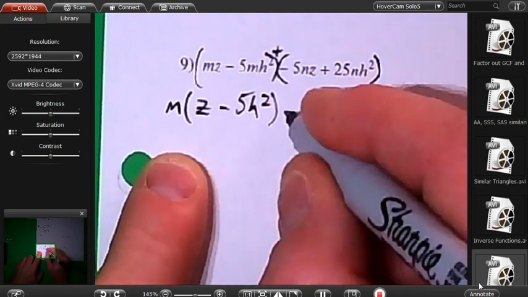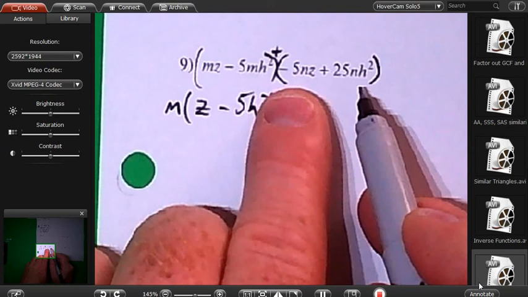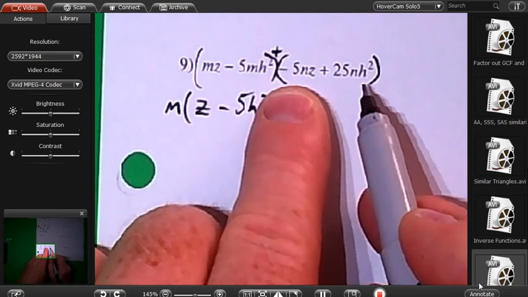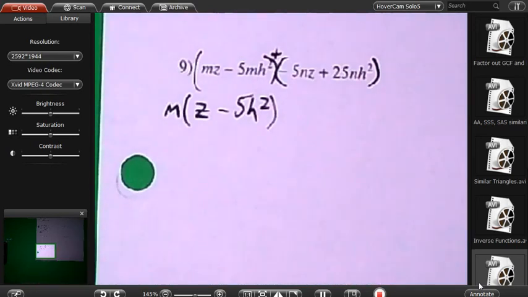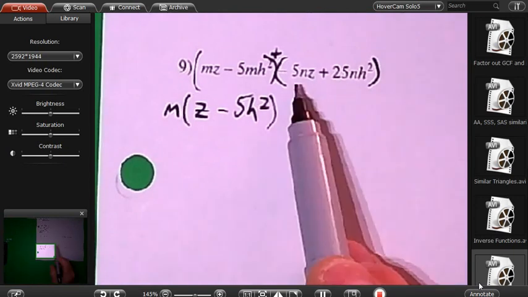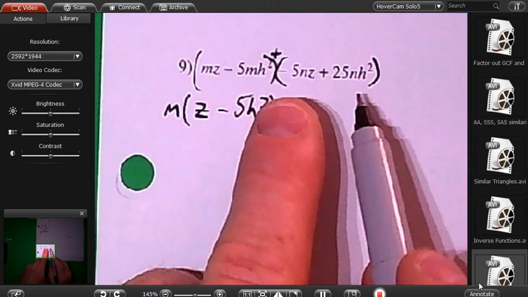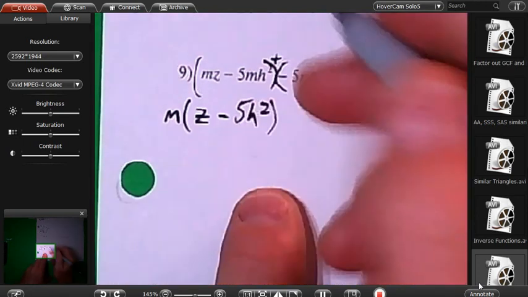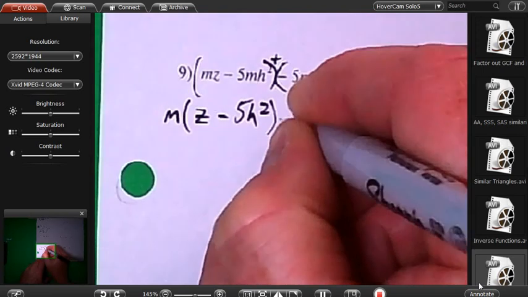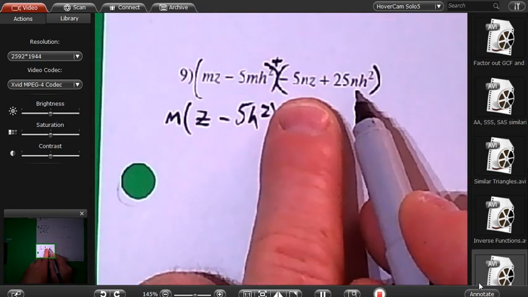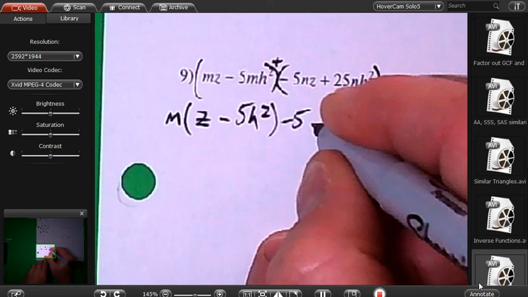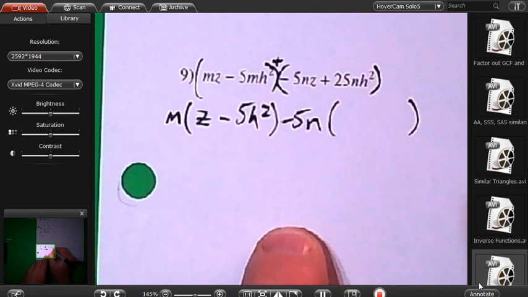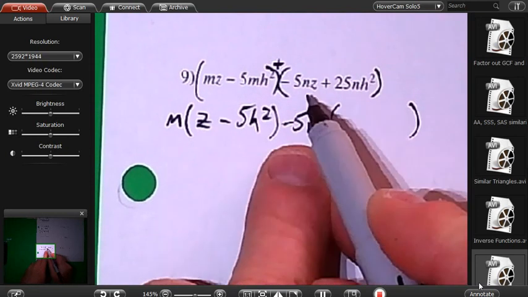Okay? And then, when there's a minus in the middle, we put our parentheses, and you're going to factor out a negative. So the GCF of -5 and 25 is -5, so minus 5. There are n's in both places, n and 5n, and so -5nz divided by -5n leaves what?